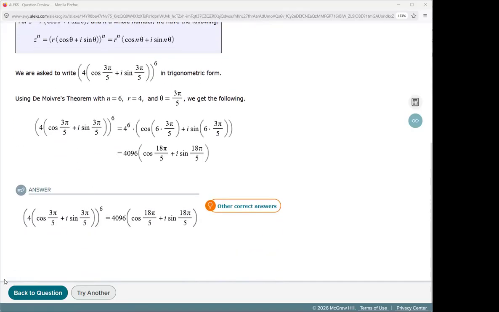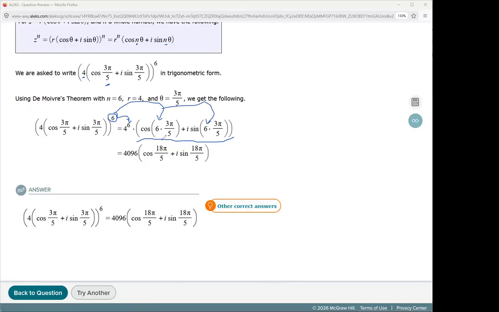So instead of doing all this ugly nonsense, like multiplying all this garbage, I'm just gonna move this guy onto the 4. Now notice this doesn't have any power. It's just a normal cosine plus I sine. So the only thing that really changes from the beginning is the 4 and the angle, because I forgot that this n has to be on the theta as well. So you put the 6 there and you multiply it on the angle here and here.